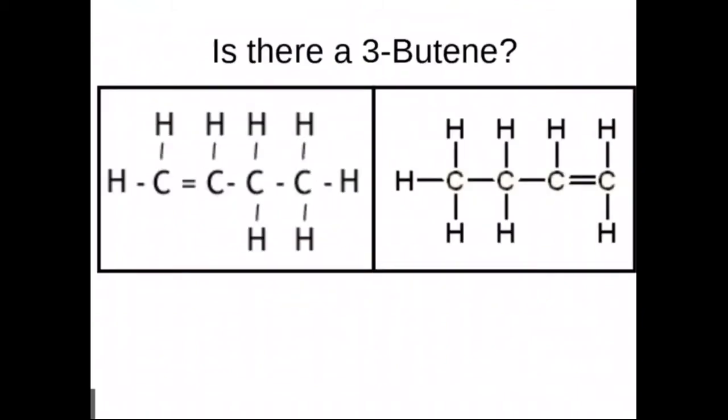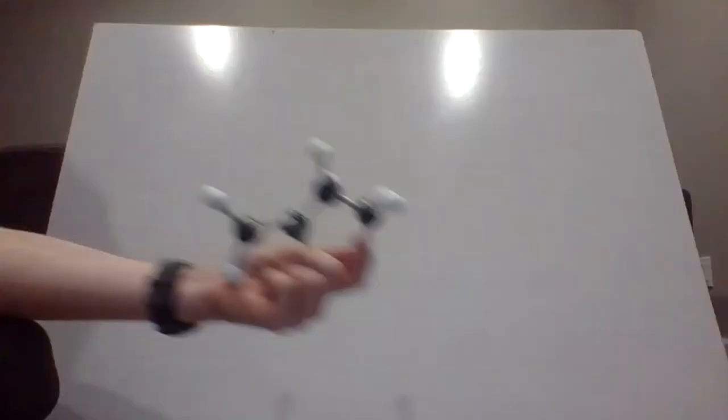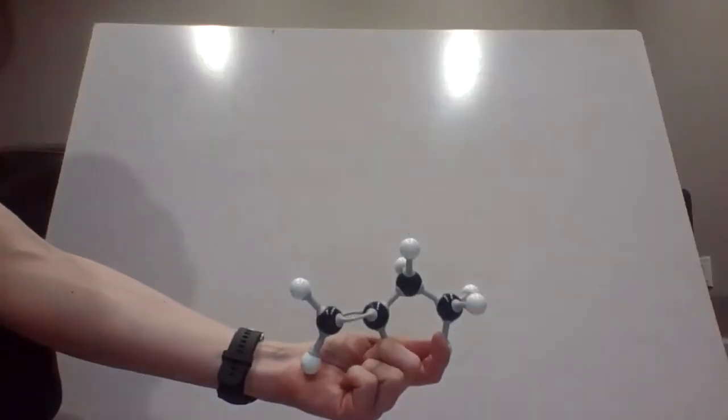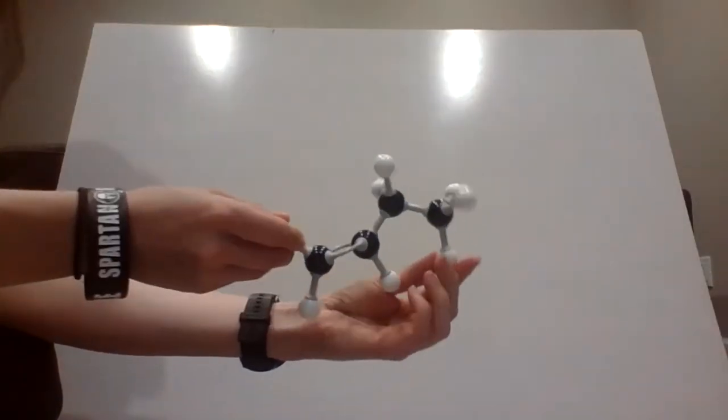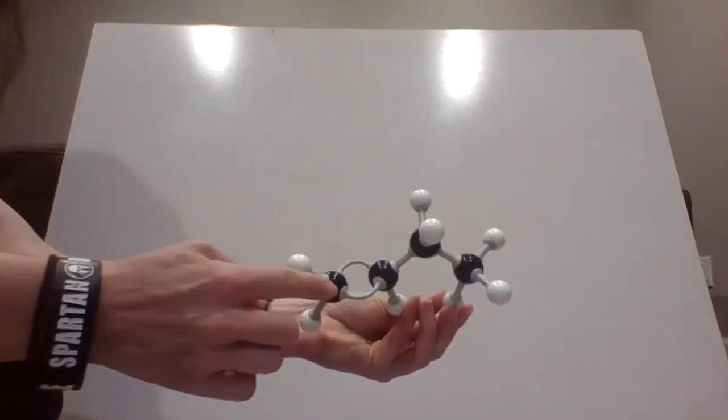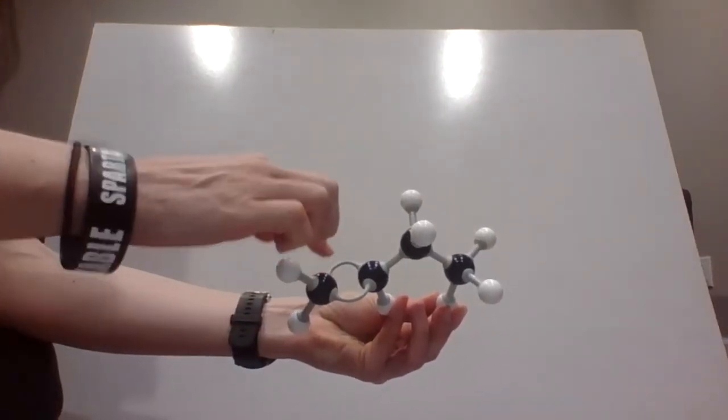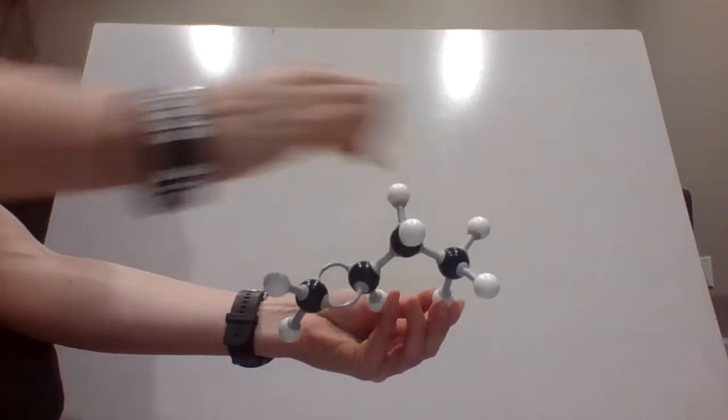Is there a 3-butene? This was the first compound. This is the last compound. Are they the same or are they different? This is the first compound with the double bond between the first and second carbon of a 4-carbon chain, 1, 2, 3, 4.